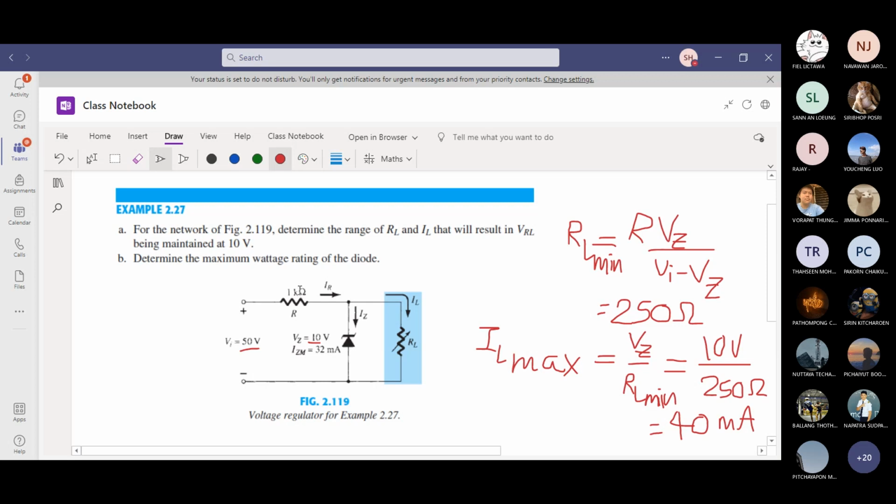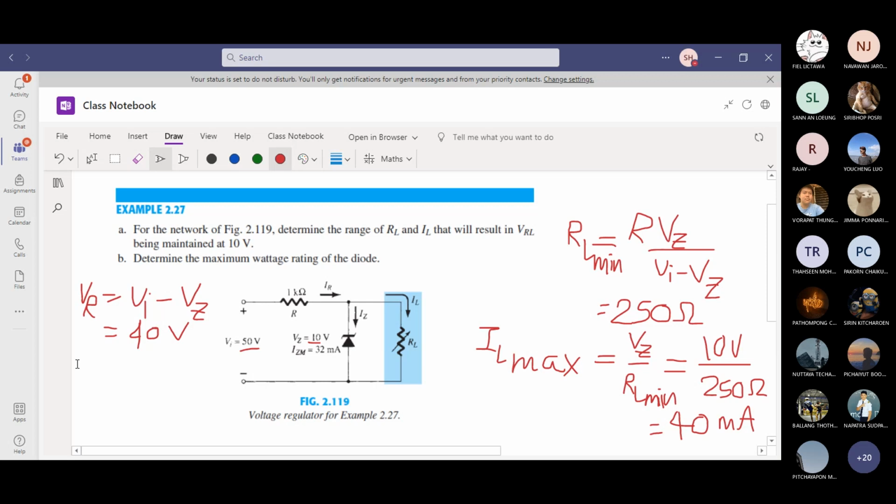It is VR over R. We don't know VR yet. Your first step is to find VR, which is VI minus VZ. How much would that be? 50 minus 10, 40 volts. 40 volts is VR.